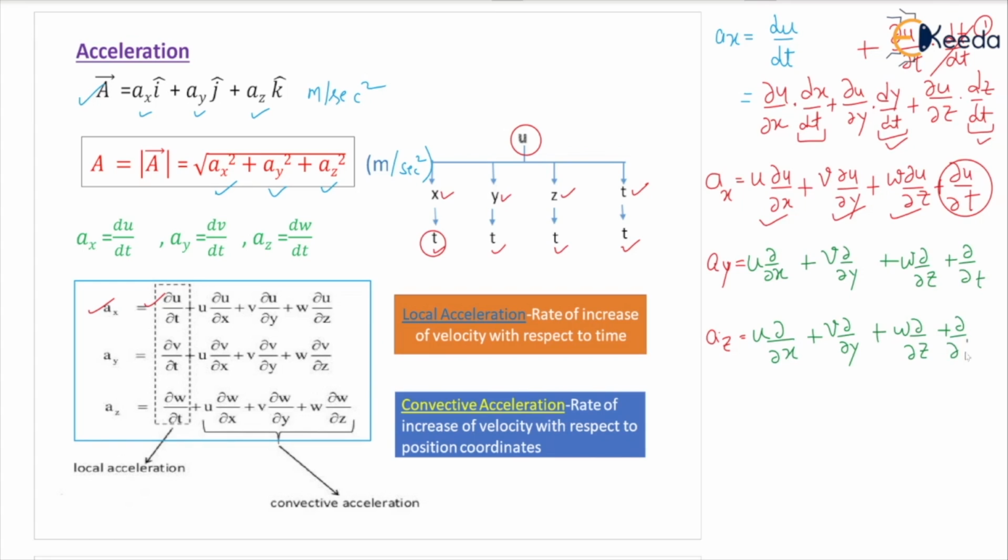Now you can see when you are writing for ax, you have to write in the numerator u and u, correct, for ax. So for y you will write v and v, and for z you will write w and w. That's all. So this is the full and final formula for complete acceleration in the 3 dimension, correct.